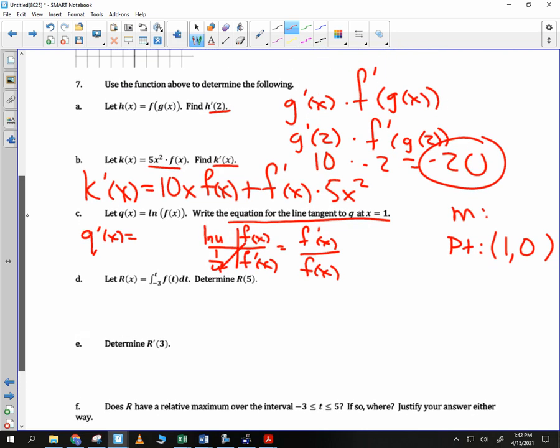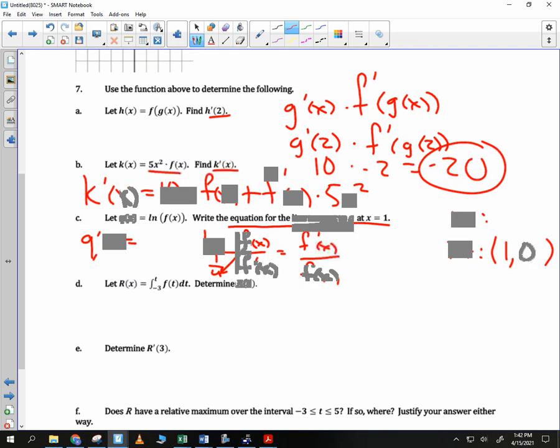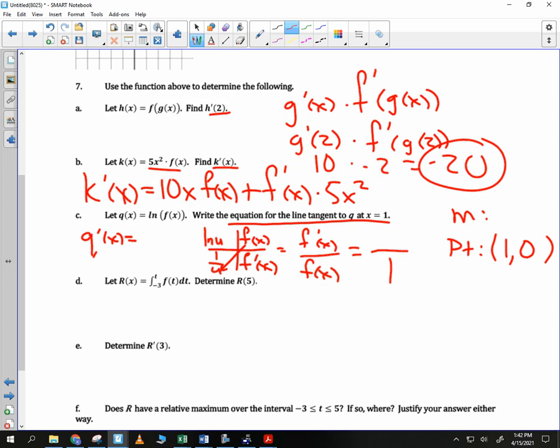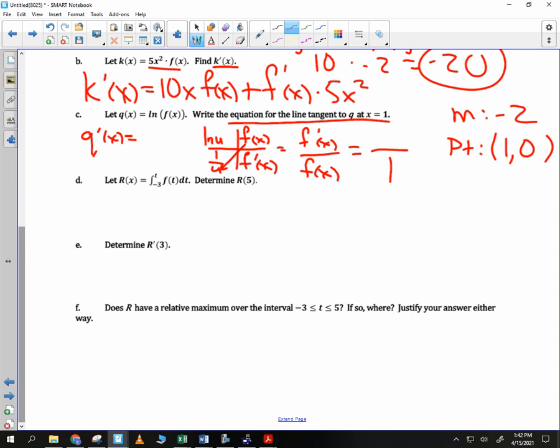So what number do I plug in? I plug in 1. We already decided that f of 1 was 1. What is f prime of 1? Negative 2. Very good. When you write your equation for your line, you can write it like this. y minus y1 is equal to m times x minus x1. You don't need to put it perfectly in slope-intercept form, unless it asks for that, which I haven't seen.